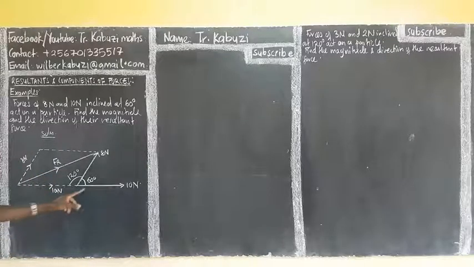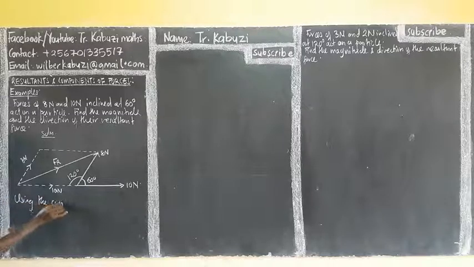We have this side, we have this side, we have this angle. The basic way is to use the cosine rule. So, using that rule, how does it state?